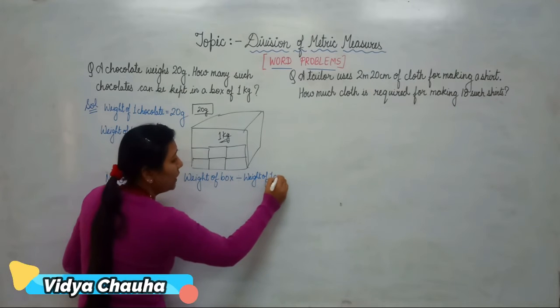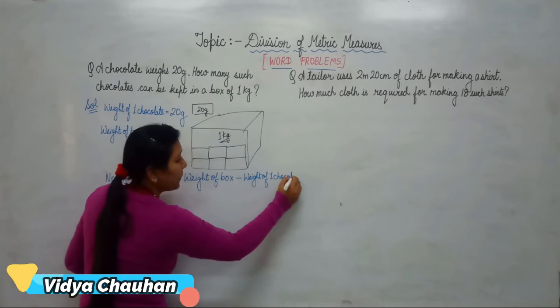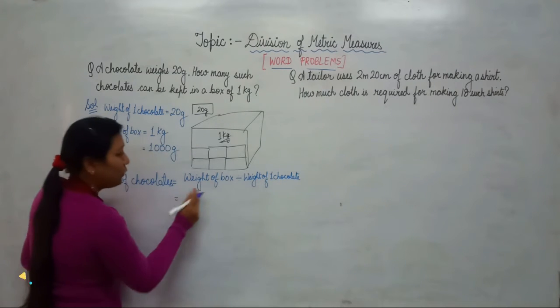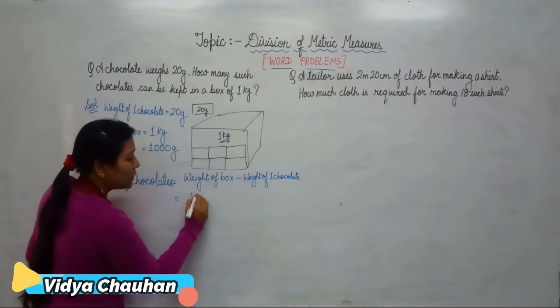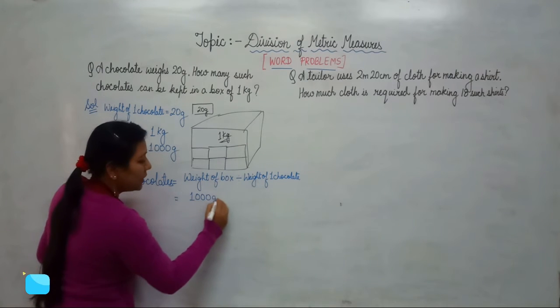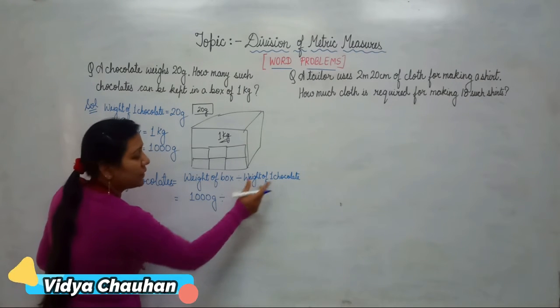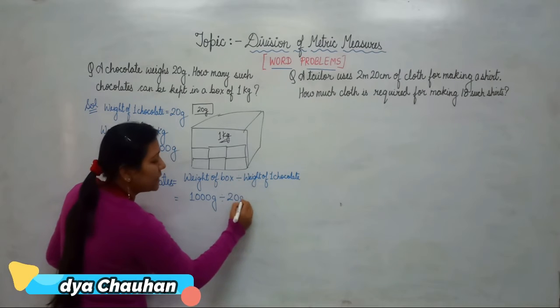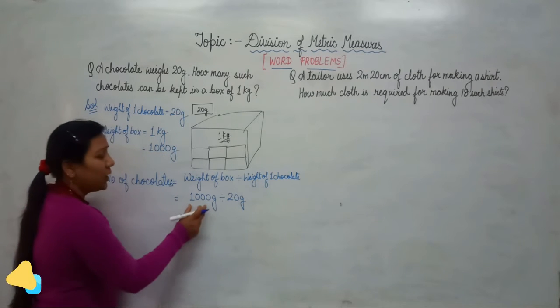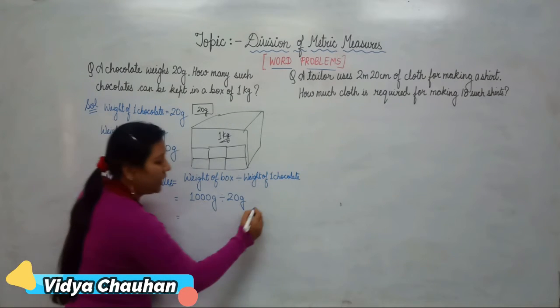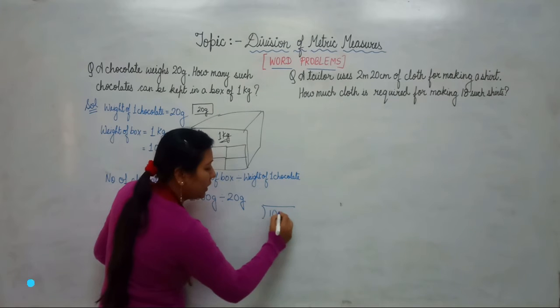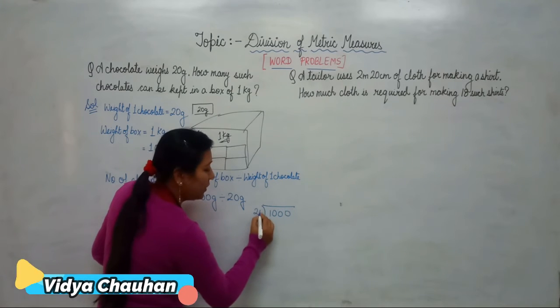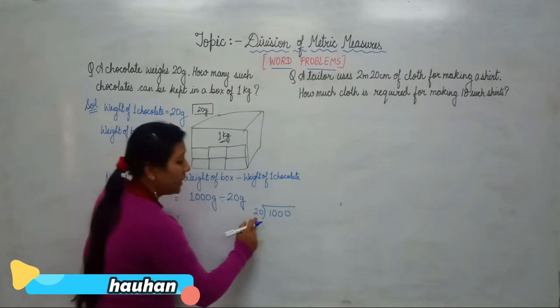So it will be 1000 grams divided by 20 gram. Now you have to divide 1000 by 20.